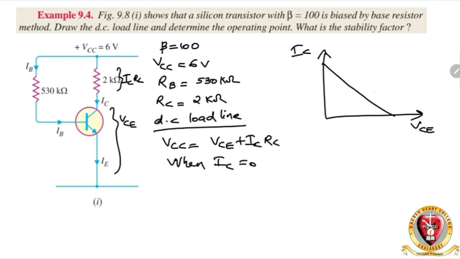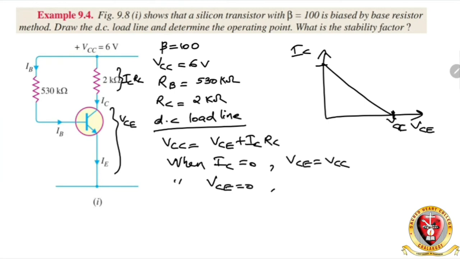So to find the value of VCE, let's put IC is equal to 0. Then VCE is equal to VCC. So this point is VCC. Now to find the value of IC, we have to put VCE is equal to 0.